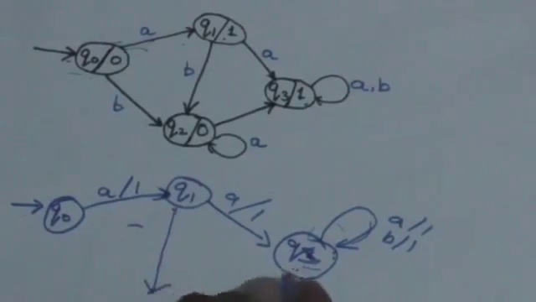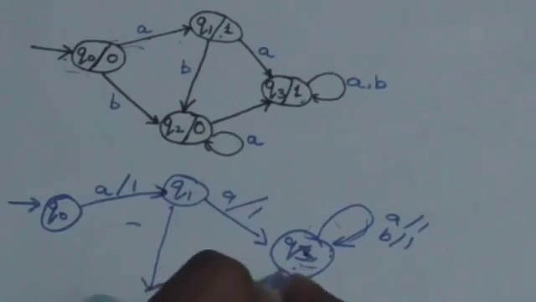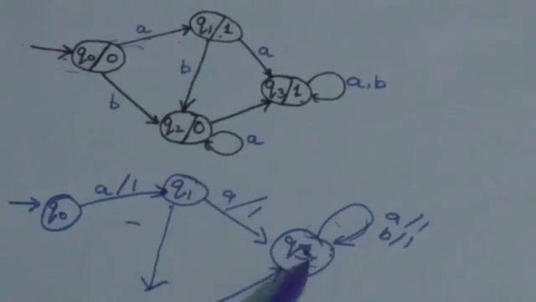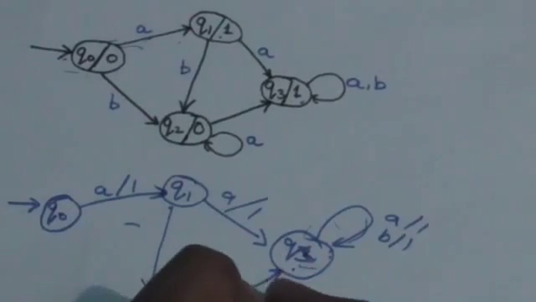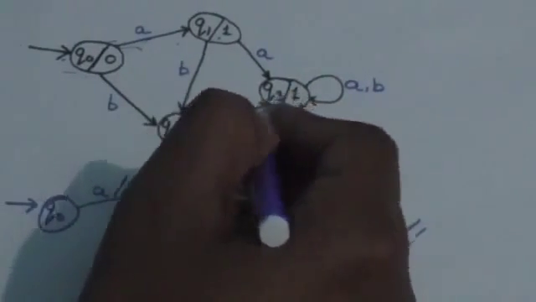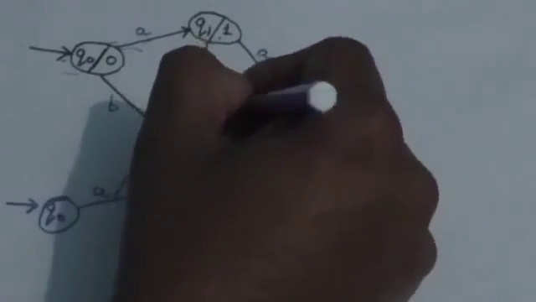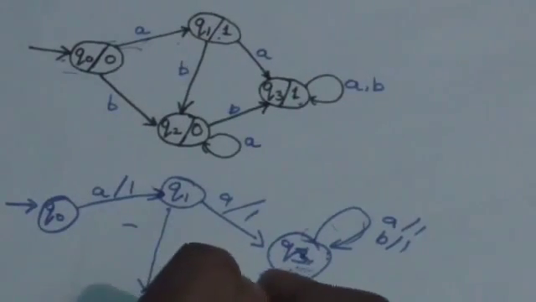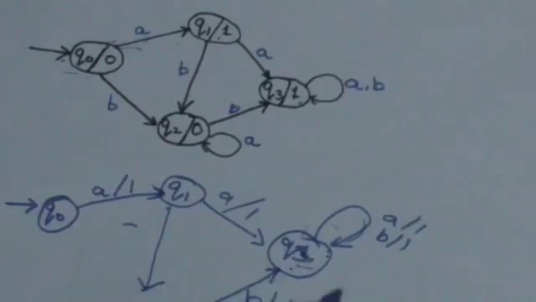Now this edge from Q2 is also an incoming edge to Q3. Now this will also be labeled by this output. Now here I forgot to mention the input symbol. Here the input symbol is B, so it will be B1. This is also an incoming edge to Q3 state, so it should also be labeled by the output symbol which was associated with Q3.